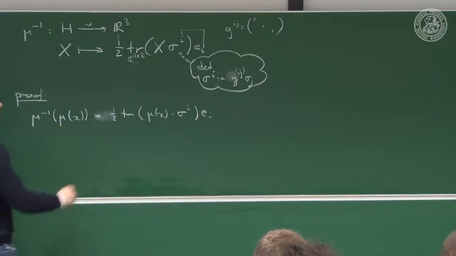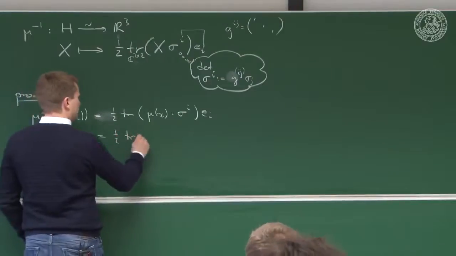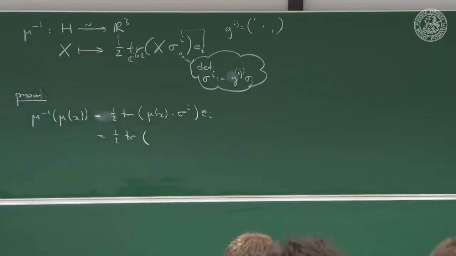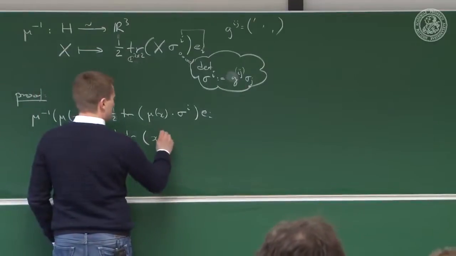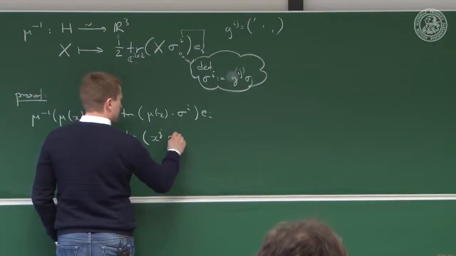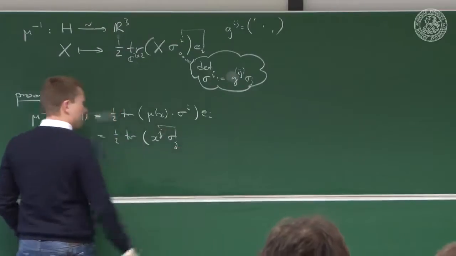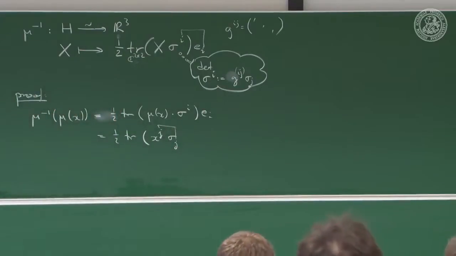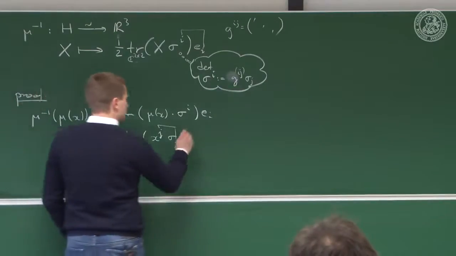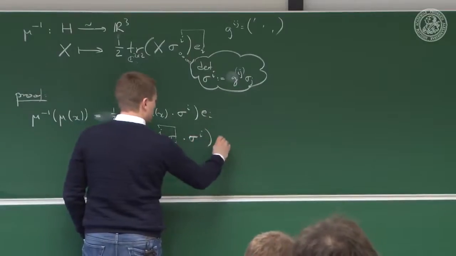Okay? And so this is 1/2 the trace. What's mu of x? Mu of x is x dotted into the sigma. So this is the xj sigma j, summation convention, right? This is exactly this, xj sigma j. Agree? This times sigma I EI.